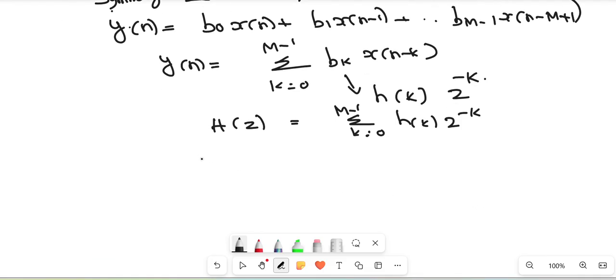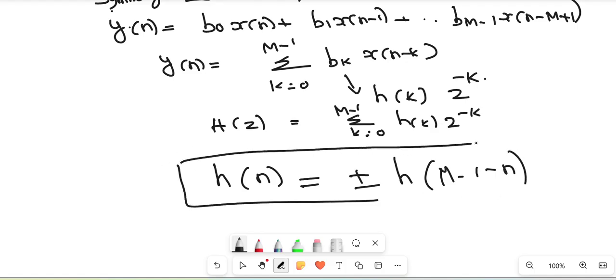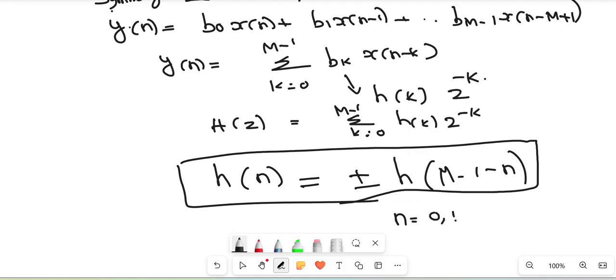So, the FIR filter has linear phase, and the condition is h of n equal to plus or minus h of M minus 1 minus n, where n is equal to 0, 1 up to M minus 1.